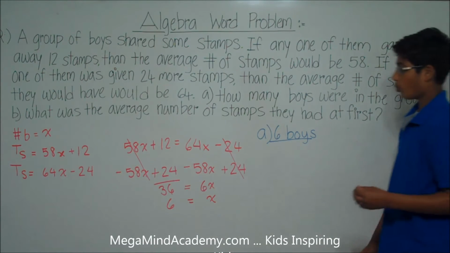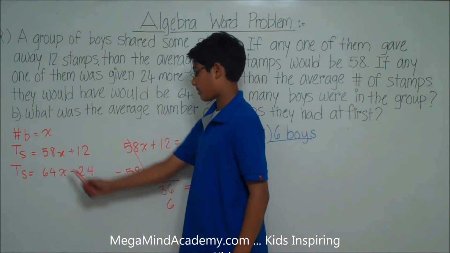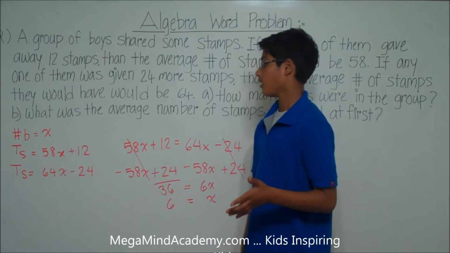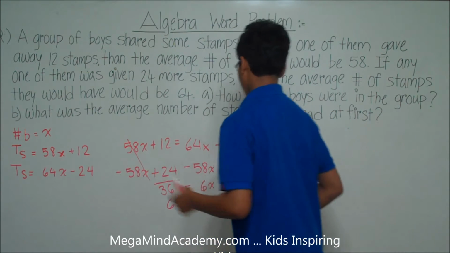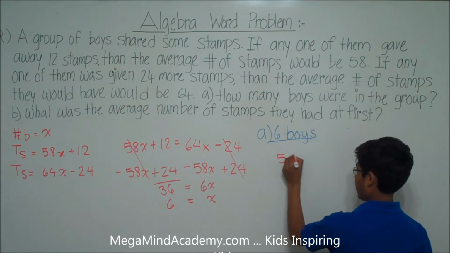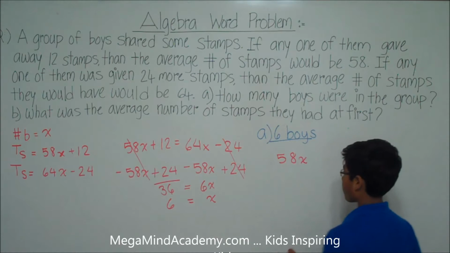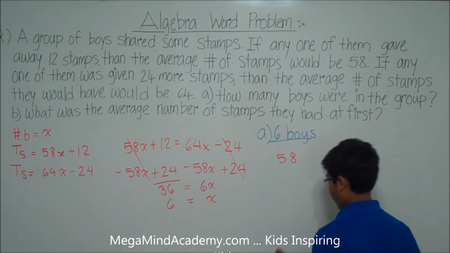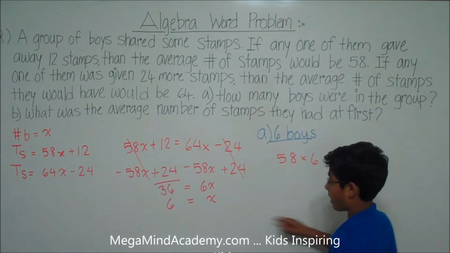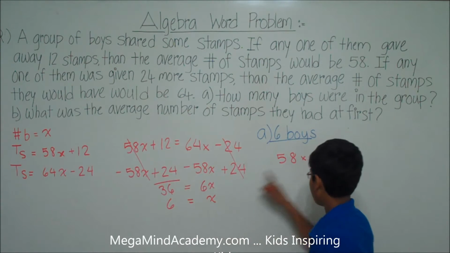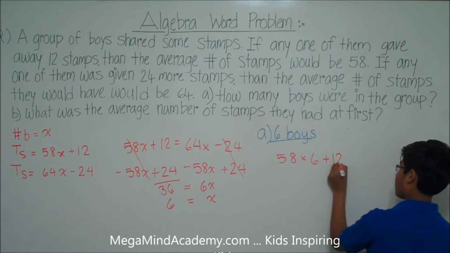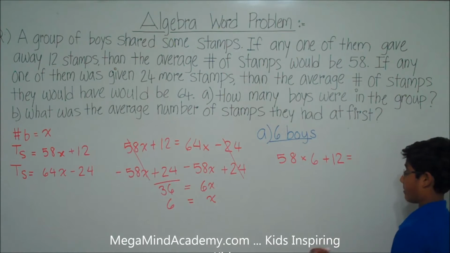Now, we know that the total number of stamps is equal to either one of these equations. So let's first find the total number of stamps. Let's use this equation. So 58x, well, now it's not 58 times x anymore, it's 58 times 6, because we know that x is equal to 6, so 58 times 6 plus 12 is equal to the total number of stamps.